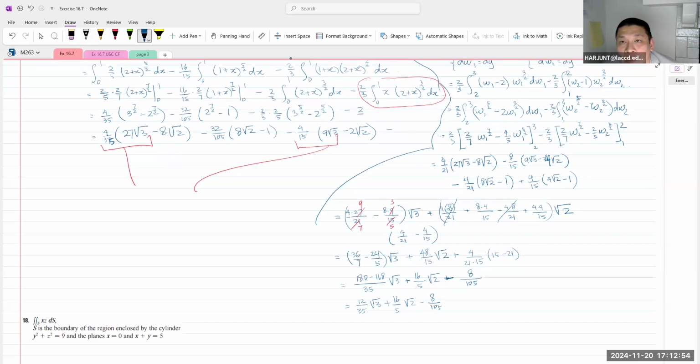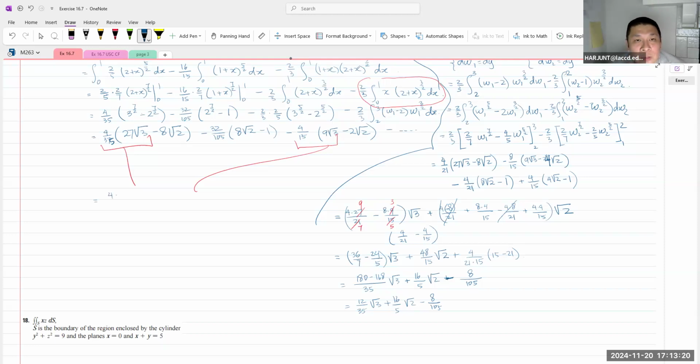So 2 over 3. I do substitution, u, so this is 2, this is 3. So that will be w1 minus 2, and then w1 to the power 3 halves dx. Still much to do, but let's see.